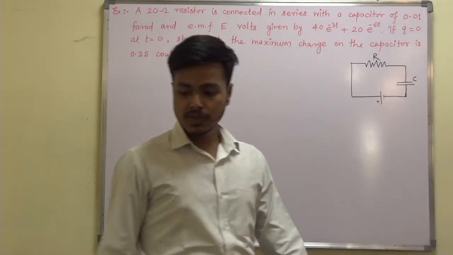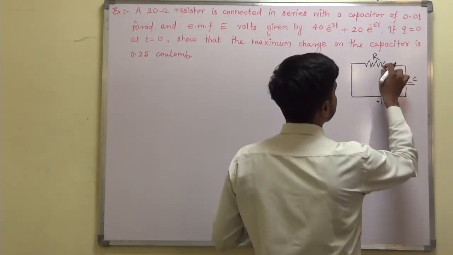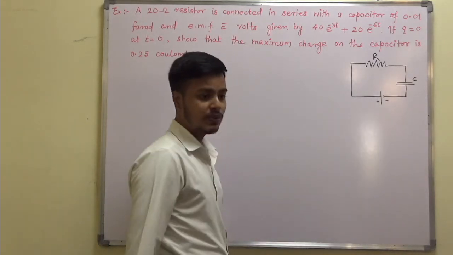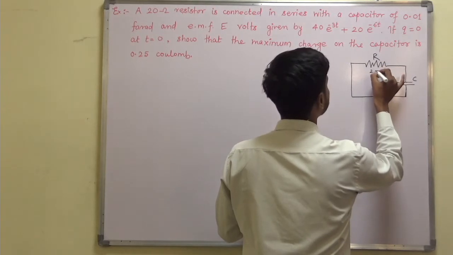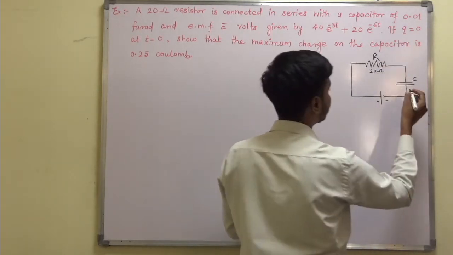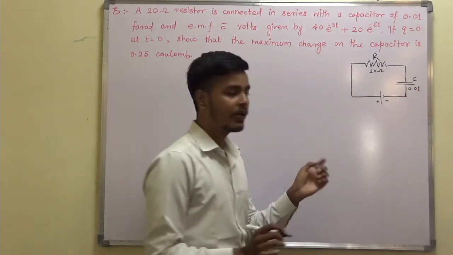So this is given to us. If you want, you can just write it here: R is equal to 20 ohm, and the capacitance C is 0.01 farad.